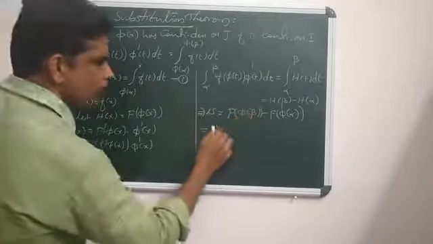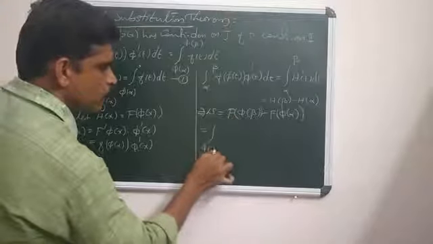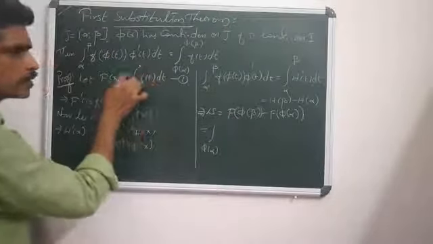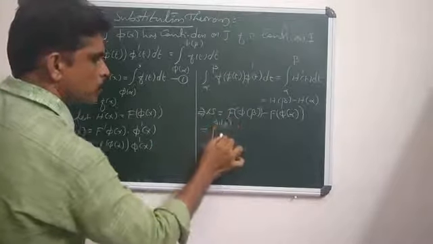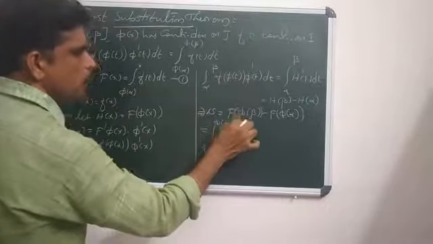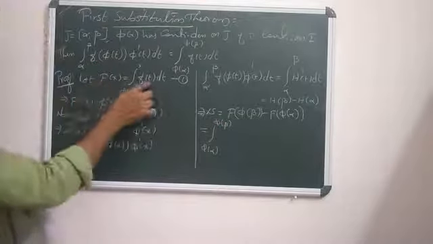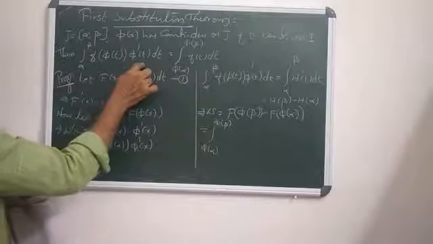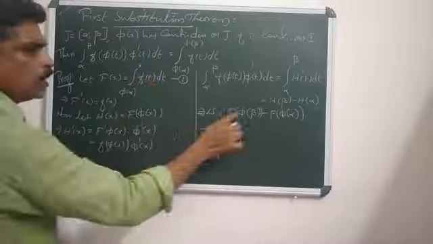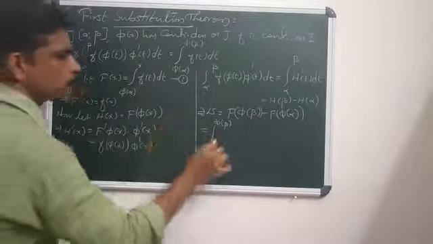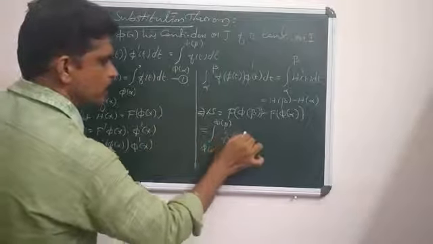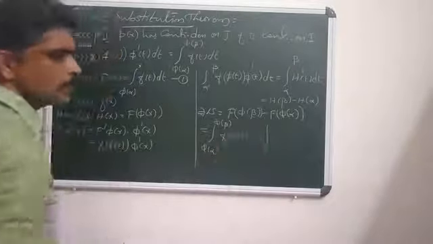So what is F of phi beta? Here it is phi beta, so it is the integral from phi alpha to phi beta of f of t dt, minus F of phi alpha.